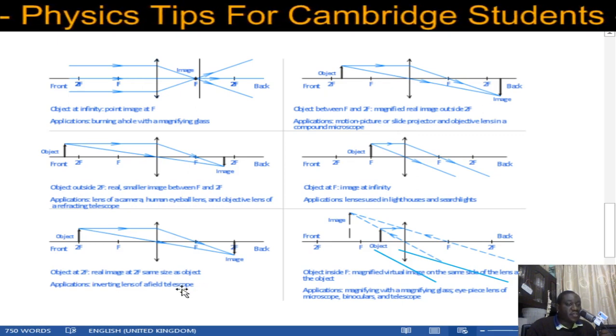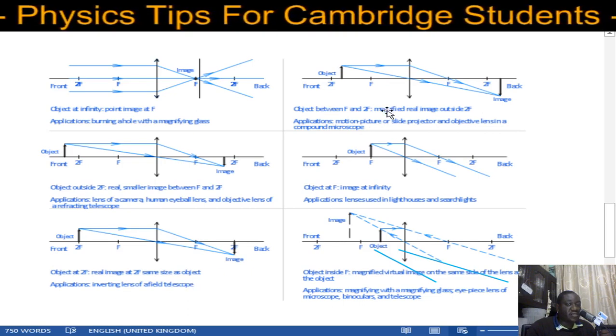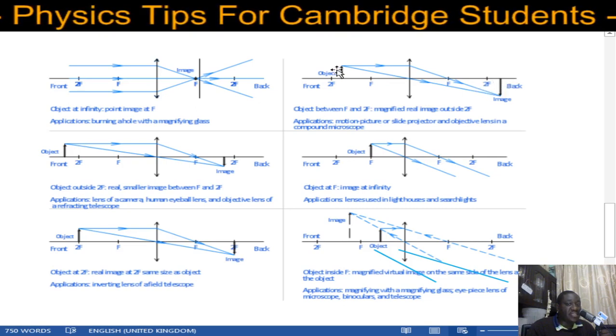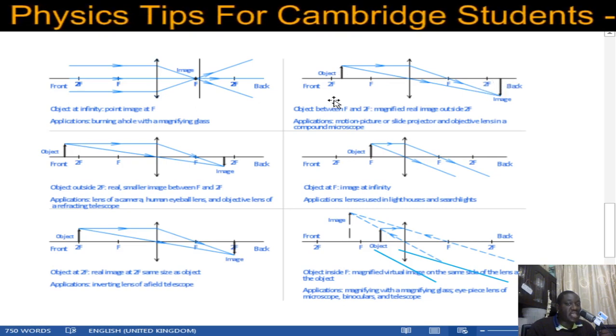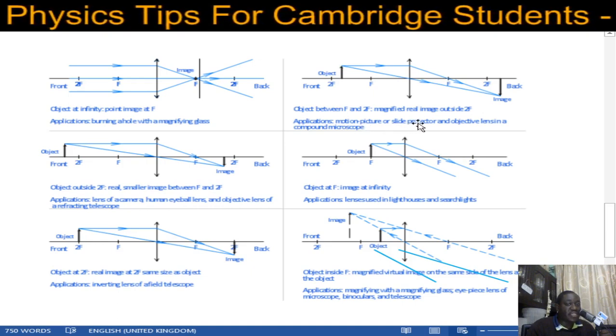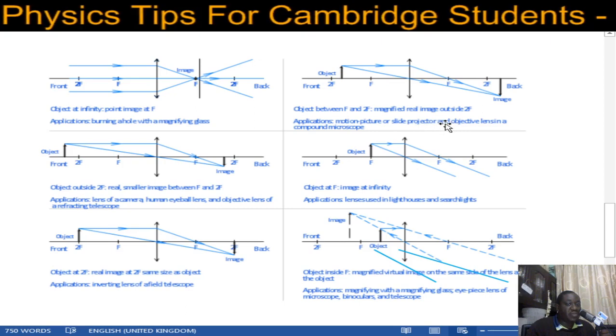Then object between 2F and F, which is this one. The image will be beyond 2F. It is now larger than the object, as you can see. Applications: motion picture or slide projector, and objective lens in a compound microscope.